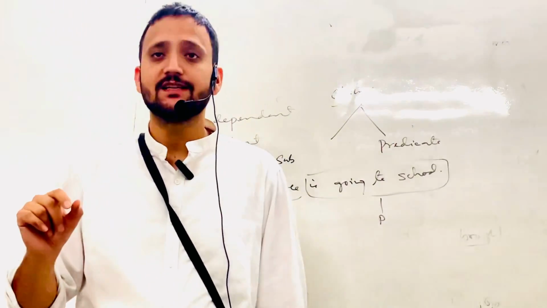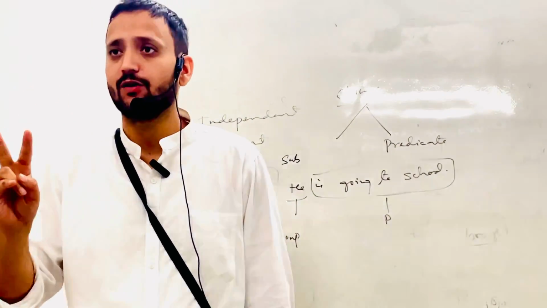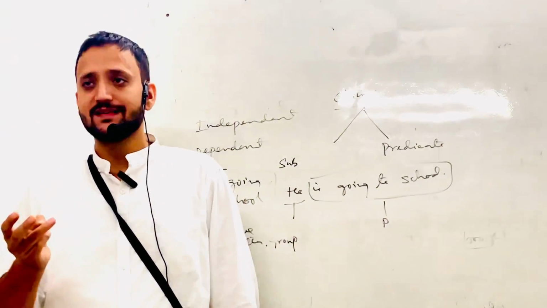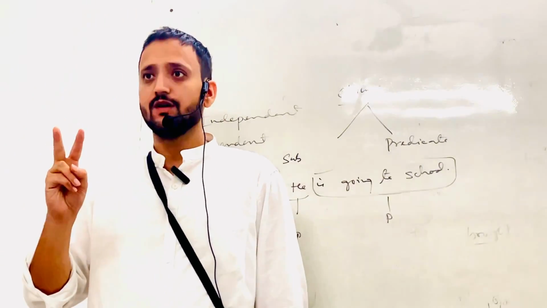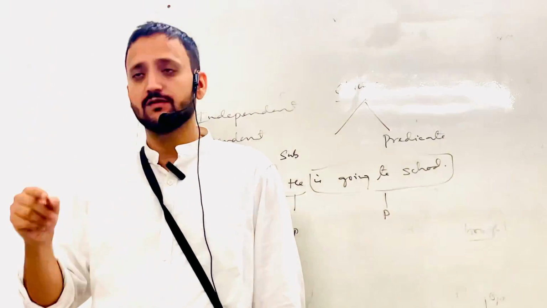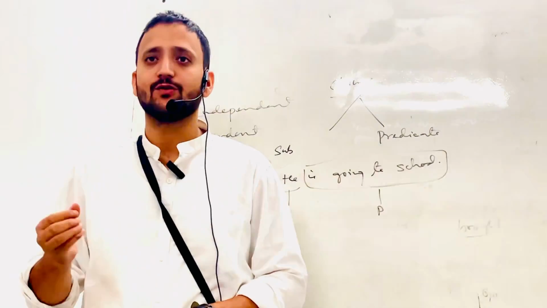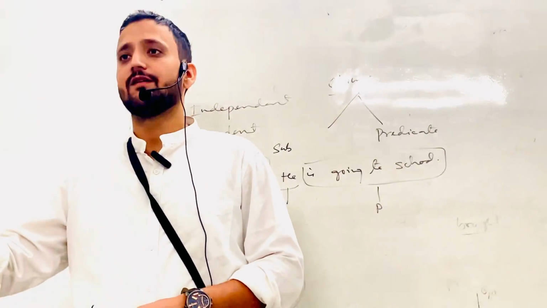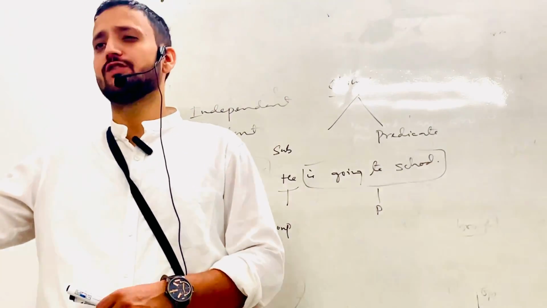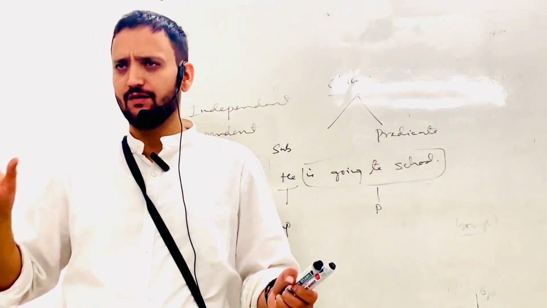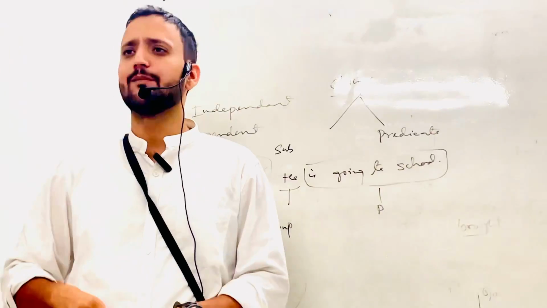In compound sentence we have two independent clauses joined by a conjunction, and in complex sentence we have two clauses. In two clauses, one is dependent and second one is independent. Like he sings songs when she comes home.